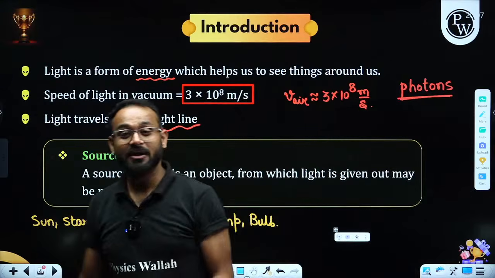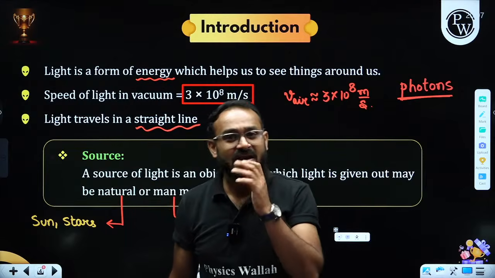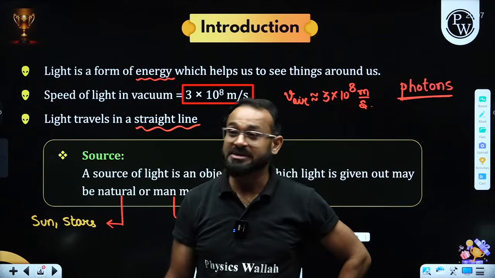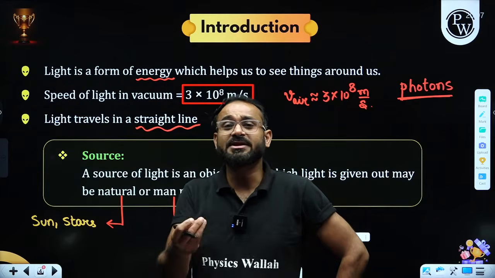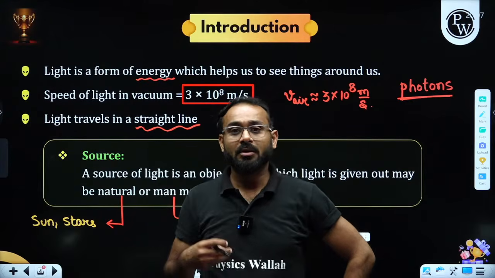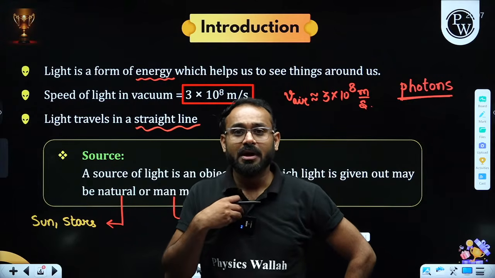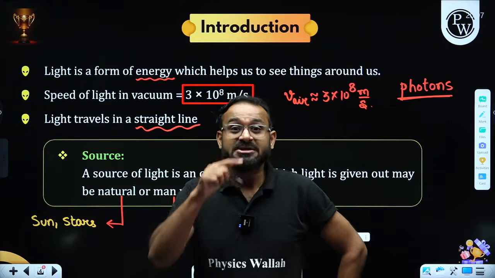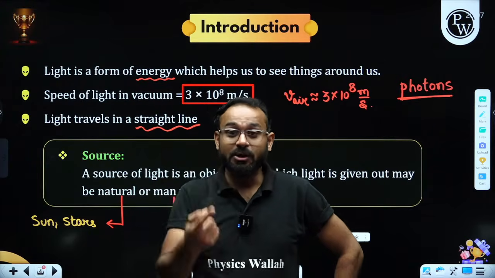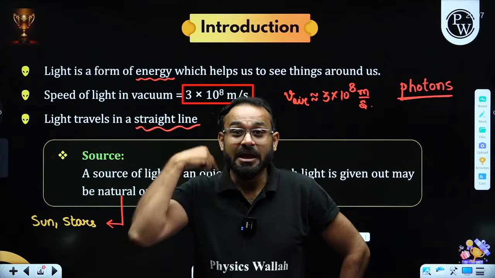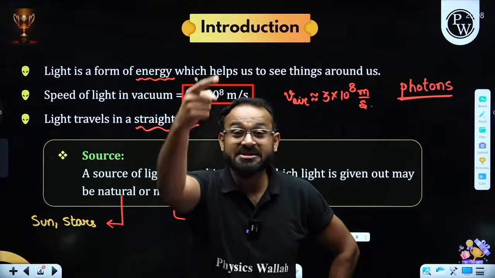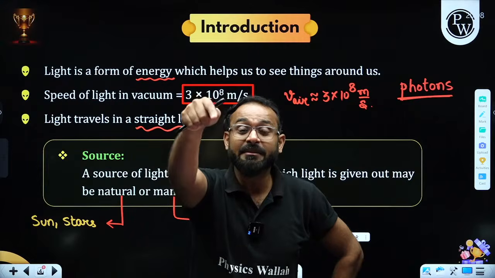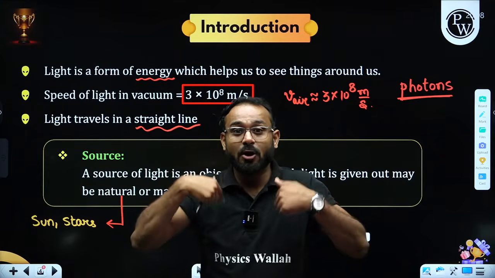First of all, beyond this, if we are talking about a source, that means the light is coming. The second thing is the object. Consider, I am an object. That means if you are looking at me, you are looking at an object. The image you are seeing is an image, but you are looking at an object.